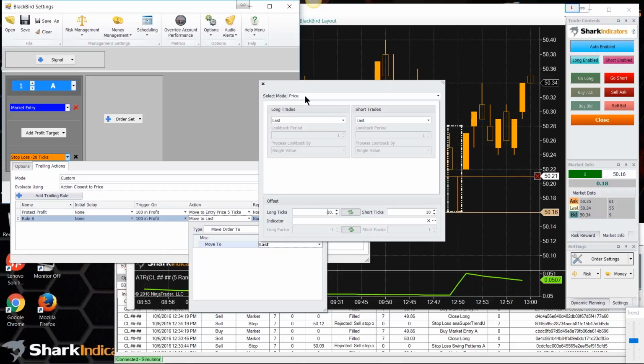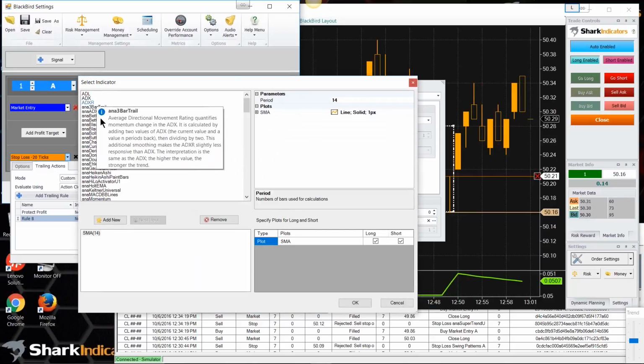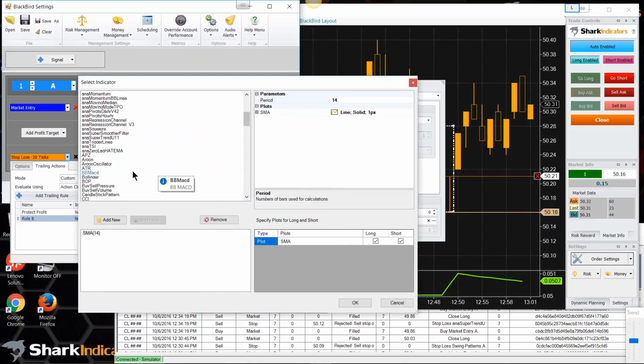Or if you wanted to get fancier, you could use an indicator. Let's see. Let's go back to price. We're going to use off of the last, instead of using just a fixed 10 ticks here. Let's set our offset to 0, and instead, let's use the ATR.